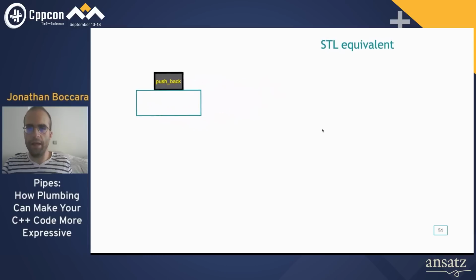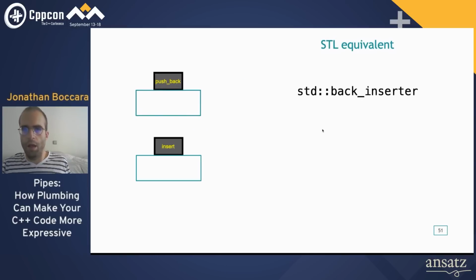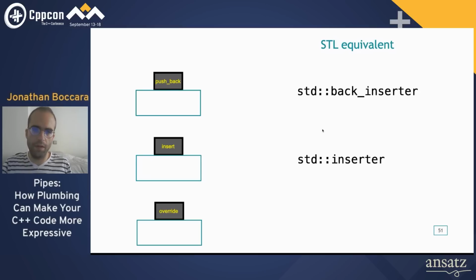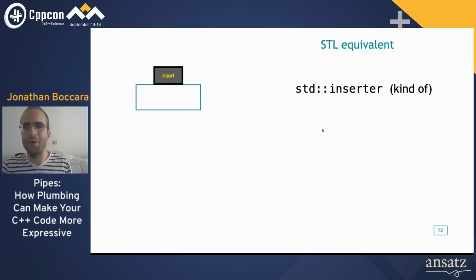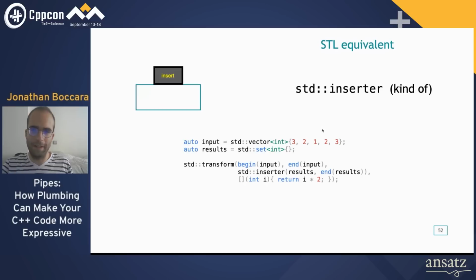So we've got push_back, which is the equivalent of back_inserter, but we also have insert, which is sort of the equivalent of inserter, and override, which is the equivalent of std::begin. Now, if you consider insert, it's sort of the equivalent of std::inserter, because std::inserter is a bit weird because it forces you to pass the position where you'd like to insert data.